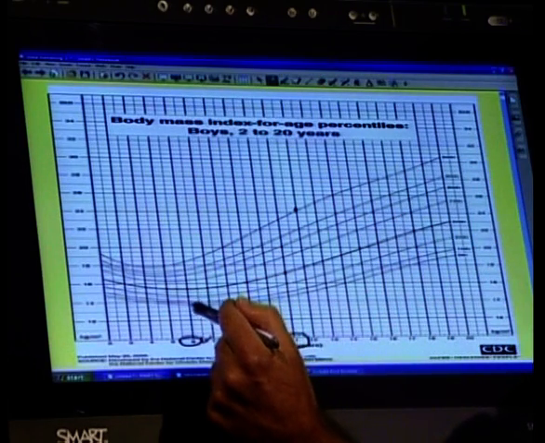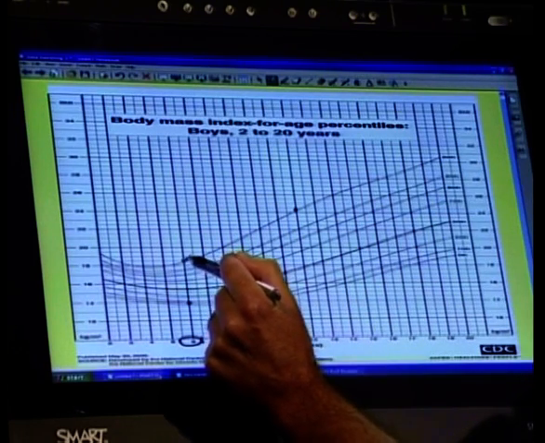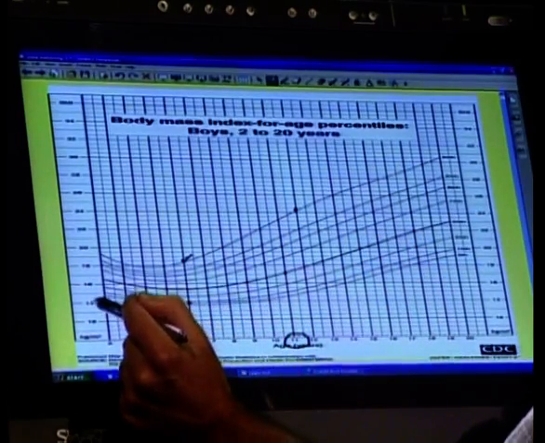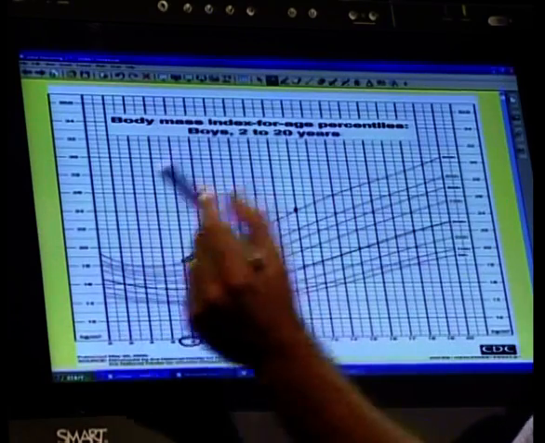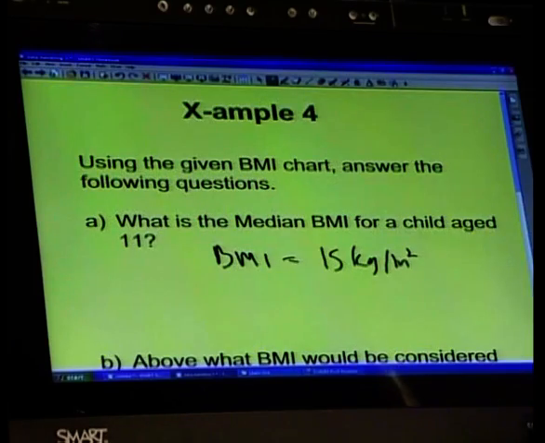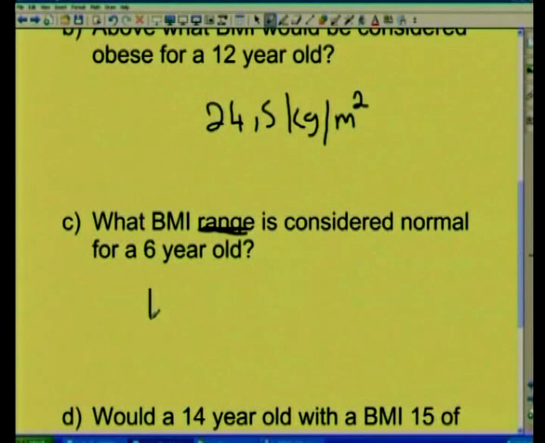So in other words, I'm interested in this value here and this value here. The BMI here is, let's make it 14, and over here, it is about 18. So the range of values that would be considered normal for a 6-year-old is a BMI of 14 to 18 kilograms per meter squared.